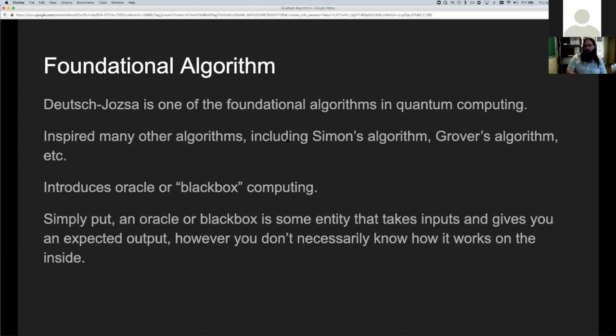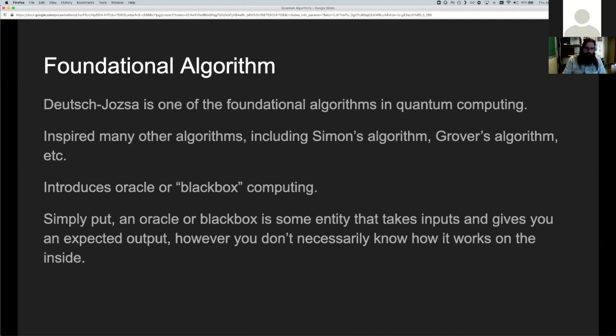The big concept here is an oracle, or black box computing, which I don't think you have on quantum annealers. Essentially it's an entity that takes inputs and gives a certain output based on certain expectations, but you don't have a clue how it works.